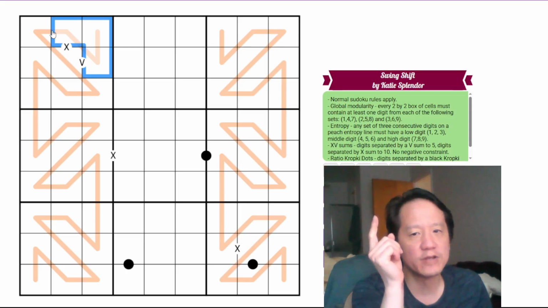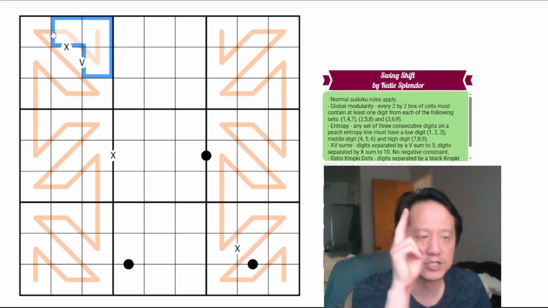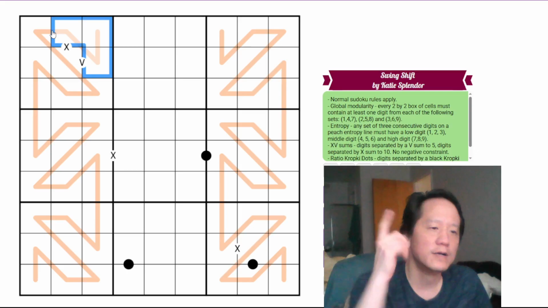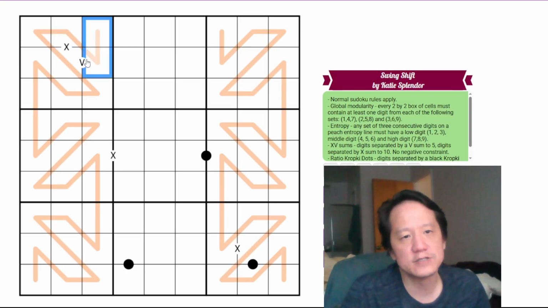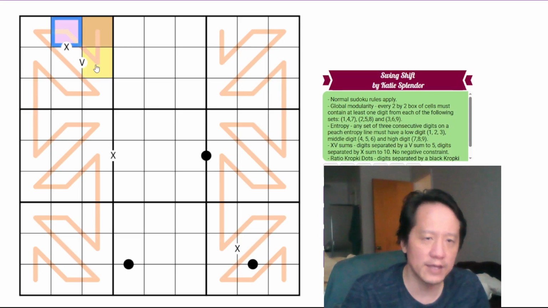For the entropic line, any 3 set of consecutive digits must contain one each of a low digit, a middle digit, and a high digit. Since that's the case, we know these 3 cells must be the separate sets. So let's designate them as, I don't know, orange, yellow, and pink.